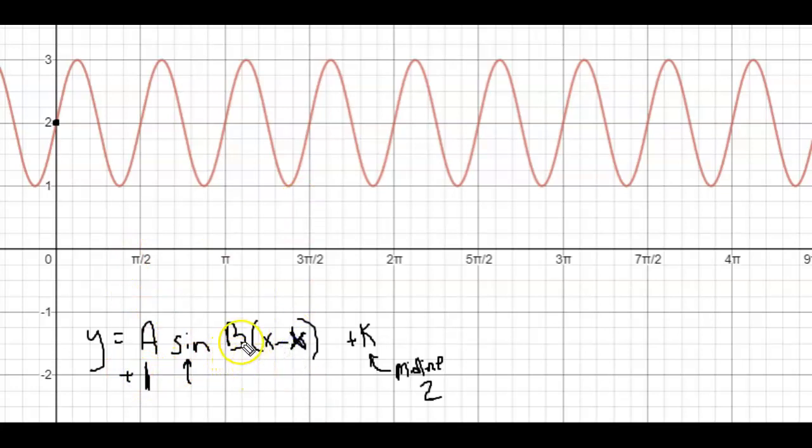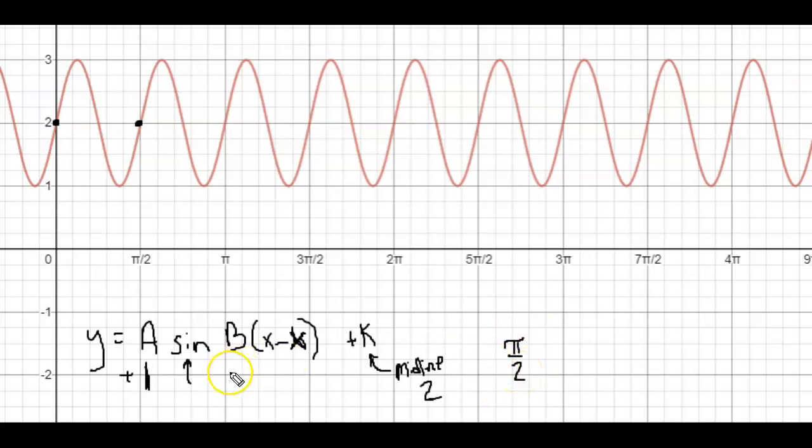Well, now I just need to know what my period is so I can figure out what this angular speed is. So up, back to the middle, down, back to the middle. That was one complete graph. And it looks like one complete graph was pi over 2. So we got through one full cycle in just pi over 2 seconds.